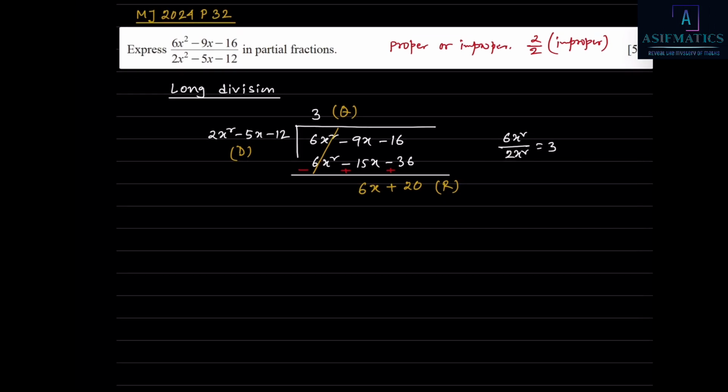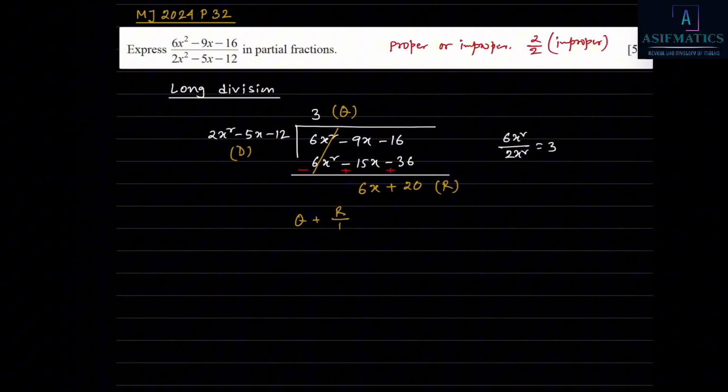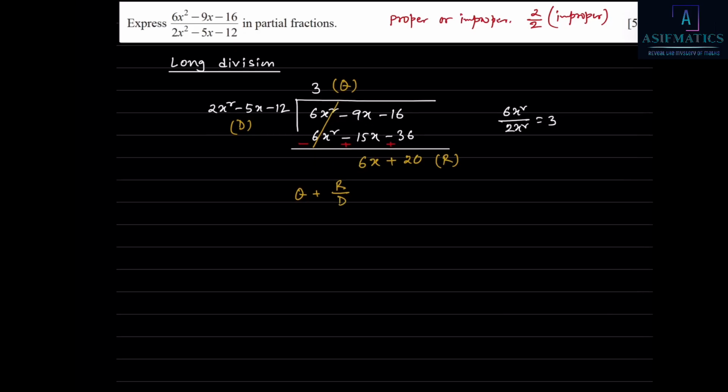We know that the mixed form is Q plus R by D. So we can write this one as 6x square minus 9x minus 16 divided by 2x square minus 5x minus 12, which is actually, your quotient is 3, so 3 plus R, which is 6x plus 20, divided by 2x square minus 5x minus 12.